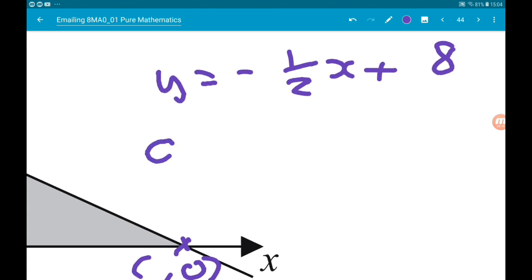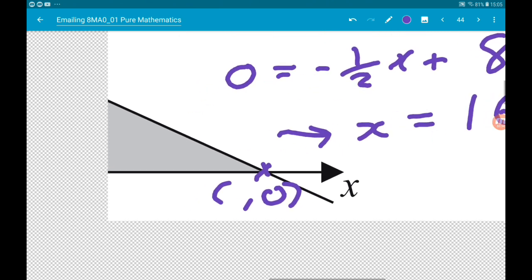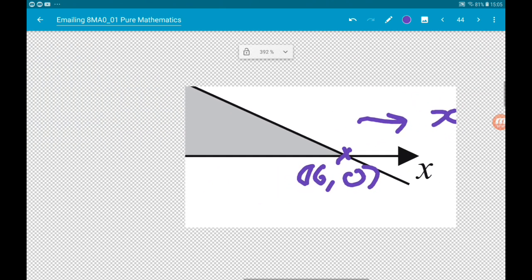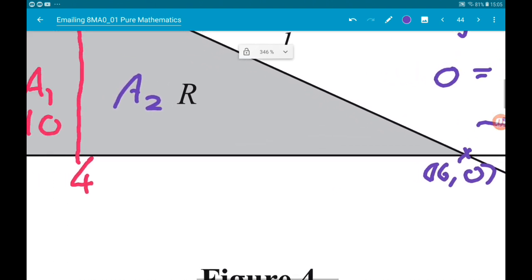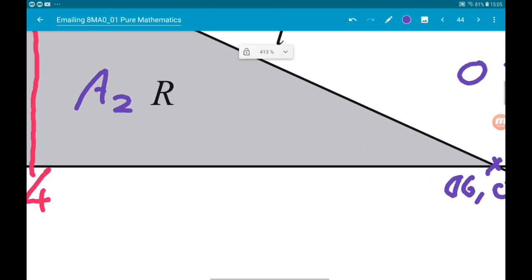So we get 0 is minus 1/2 x add 8. Therefore, x is 16. Now that we know this x-coordinate, we can work out the length of the triangle. The distance between 4 and 16 is 12.